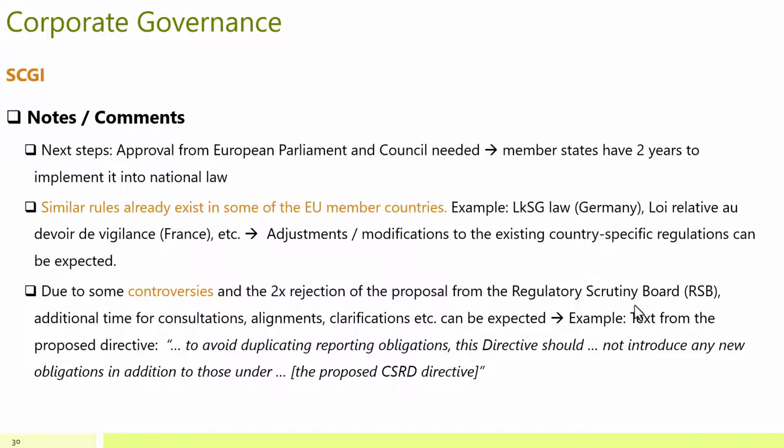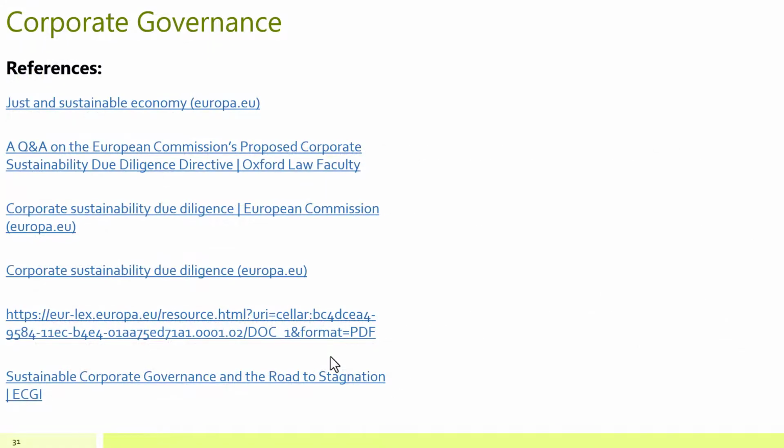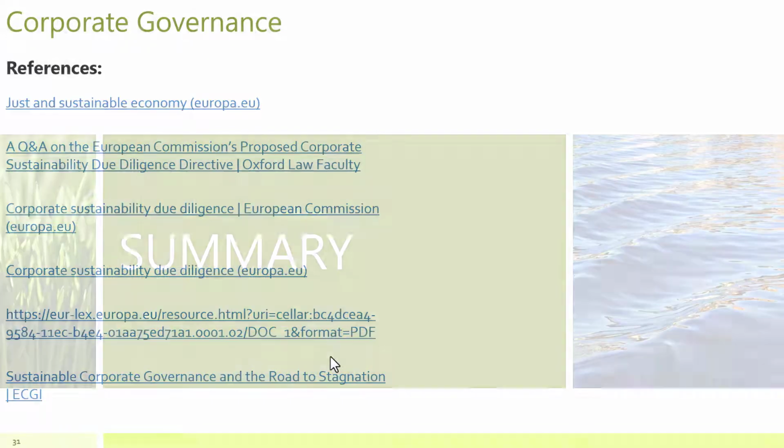Also, this directive says that it should avoid a duplication of reporting obligations, so it should not introduce new obligations to report something new. And that's something that needs further clarification. Again, here are some references.